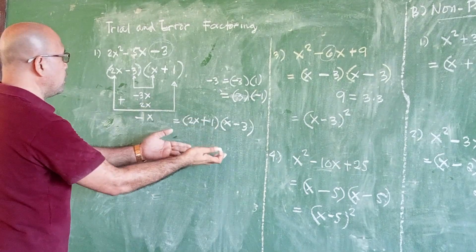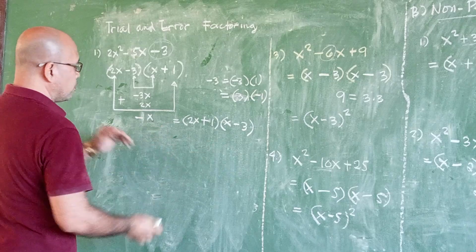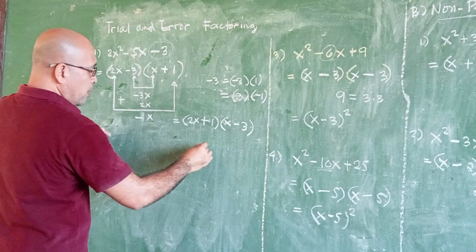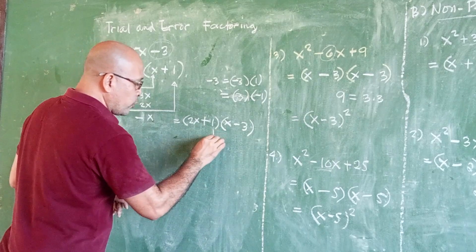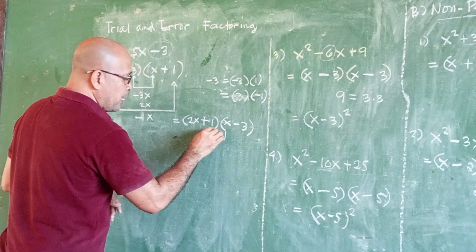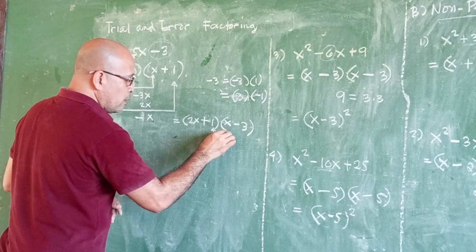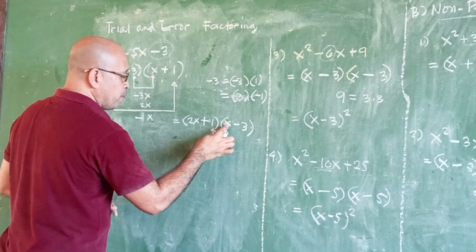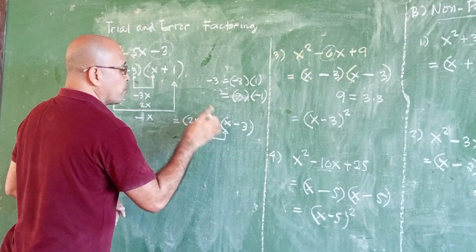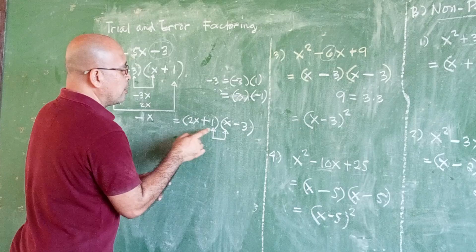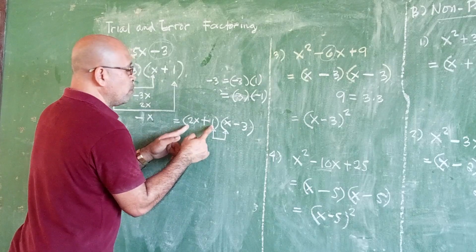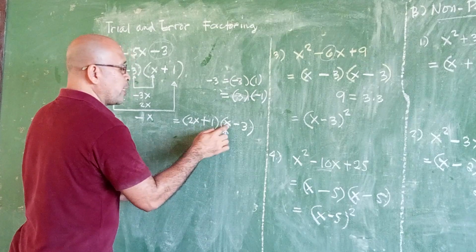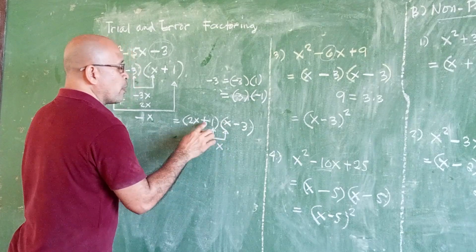This is your second attempt, or second trial. The first one is here and the second is this one. The same, class, you try to multiply the last term of the first binomial to the first term of the second binomial, that is 1 times x, simply x.